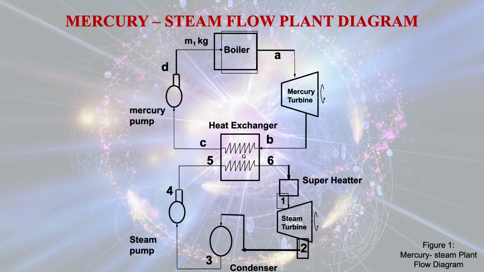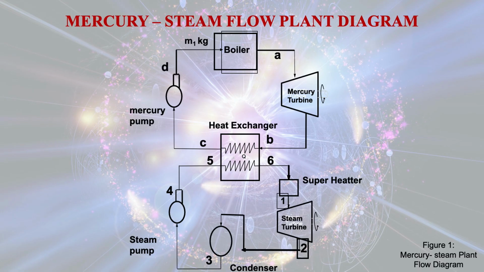See, at state 5, the liquid water is entering in the heat exchanger and it receives heat from the mercury, and after receiving the latent heat, again it is passing through the superheater where the steam will be at a superheated state, and at point 1, that means at state 1, it just enters into the steam turbine and it does work from the state 1 to state 2, and there is work done by the steam turbine.